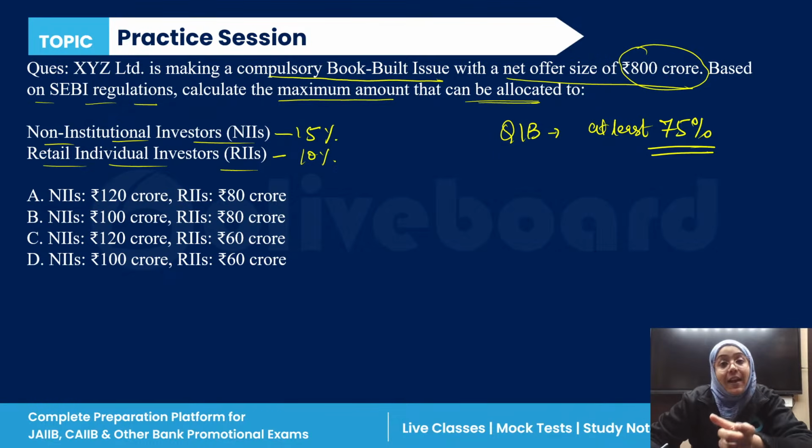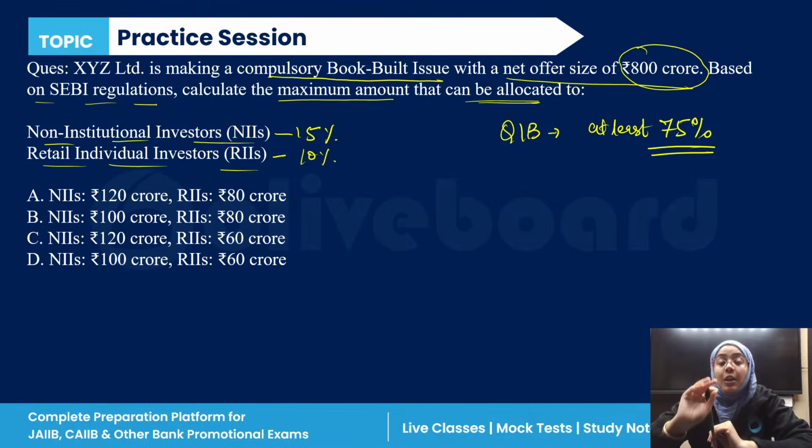This is for the qualified institutional buyer. For the non-institutional buyer, a maximum of 15% of the net offer size you can allocate to them. And for the retail individual investor, a maximum of 10% you can allocate to them.